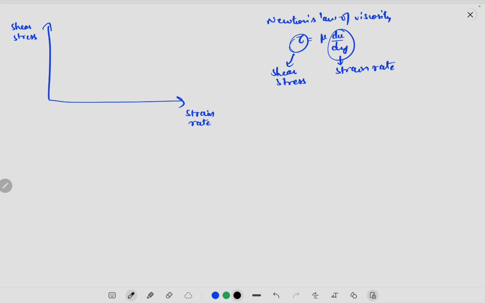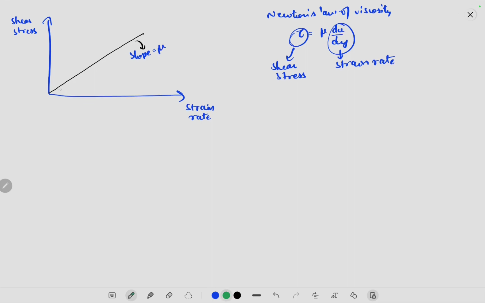So if I plot shear stress versus strain rate, I should expect for the fluids that follow Newton's law of viscosity, the Newtonian fluids, a straight line with its slope representing the dynamic viscosity, the absolute viscosity mu. Okay, right? So there is a certain category of fluids which don't follow this behavior.